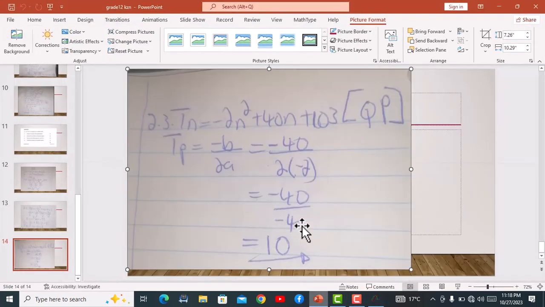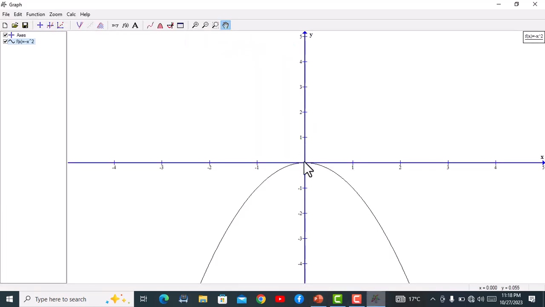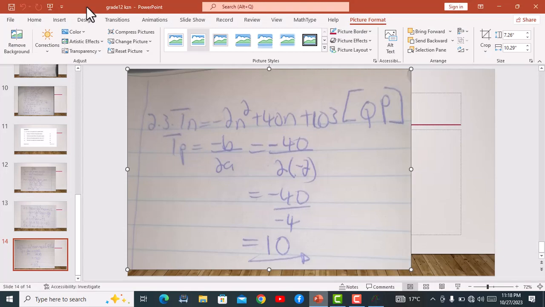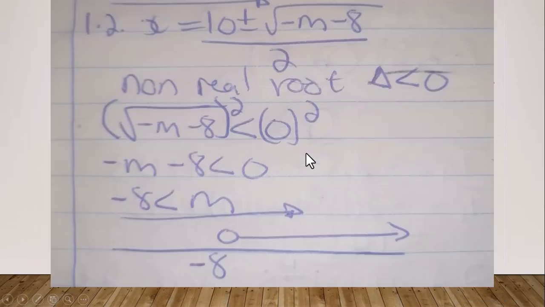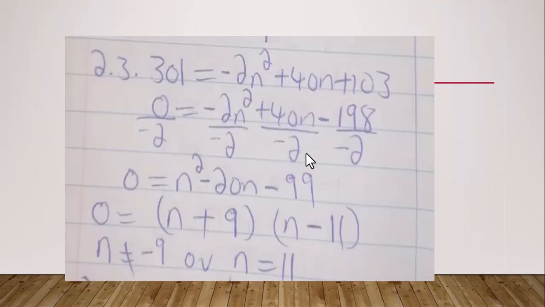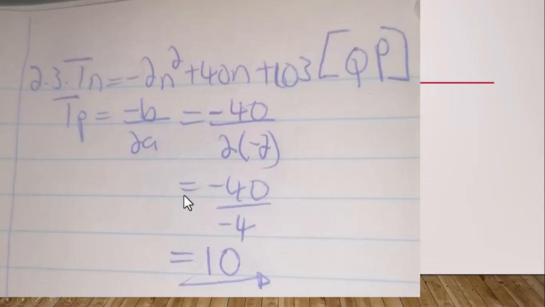This is where we have the largest value. So in here, this 10 is the largest value that we have, because all these values are increasing to the maximum, and from the maximum it tends to decrease. So I try to look at it in that way. I don't know even if it is the correct way of solving this problem, but I think it is, because this is making a lot of sense.